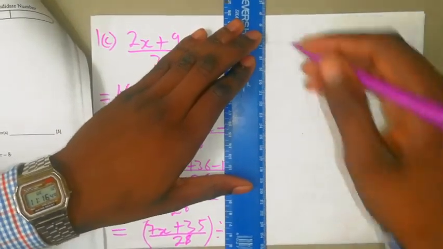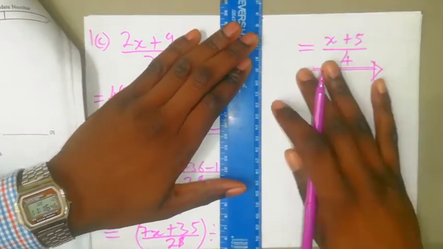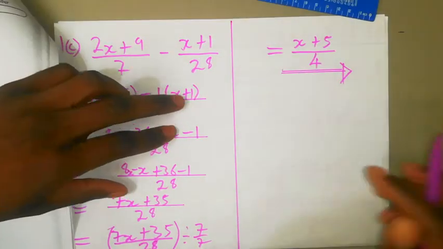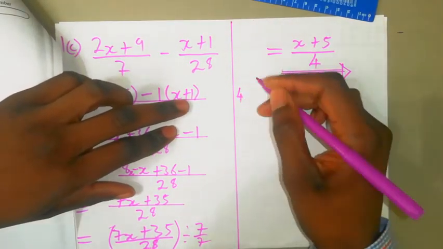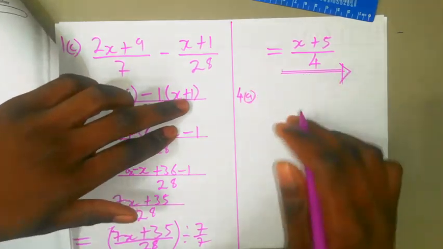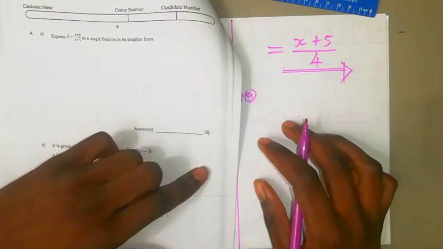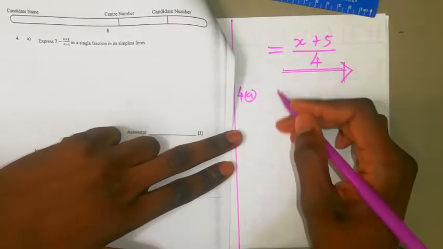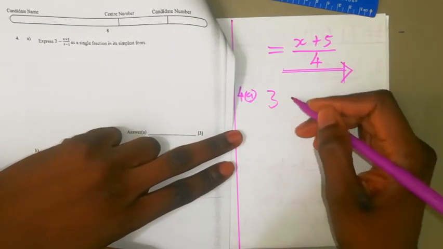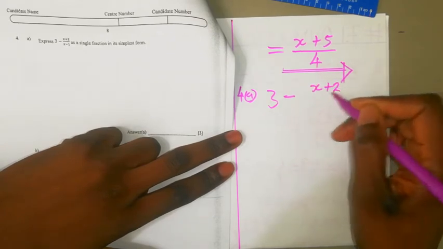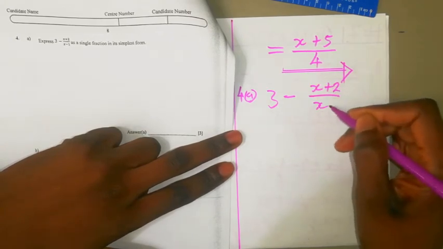So I'm going to work it here. Here's number 4a. The question said express as a single fraction. That's 3 minus x plus 2 all over x minus 1.